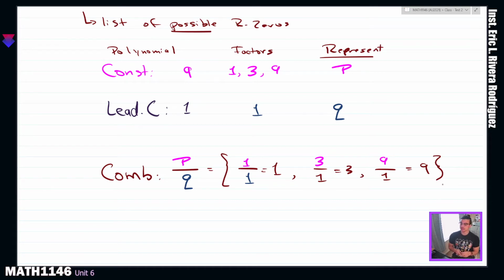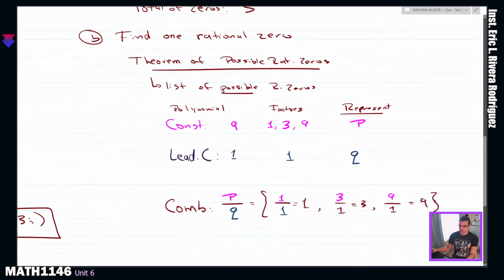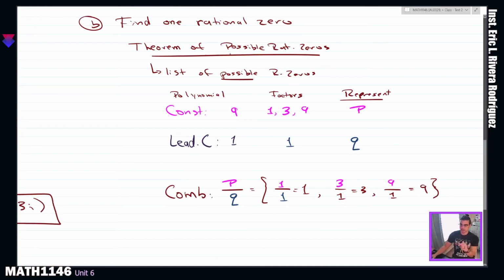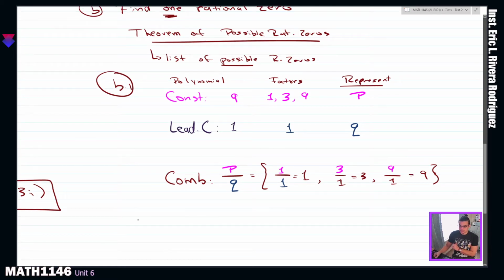All right. Now that we have this, why do we want to find just one rational zero? We need to find one rational zero at least. The first step of step number 2, or B.1, is to use the theorem of possible rational zeros and to get the list, right? Then what you want to do with the list is to not go through all of those, just to find just one zero.